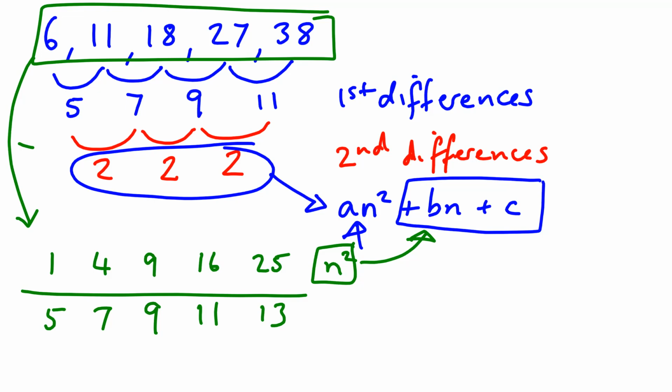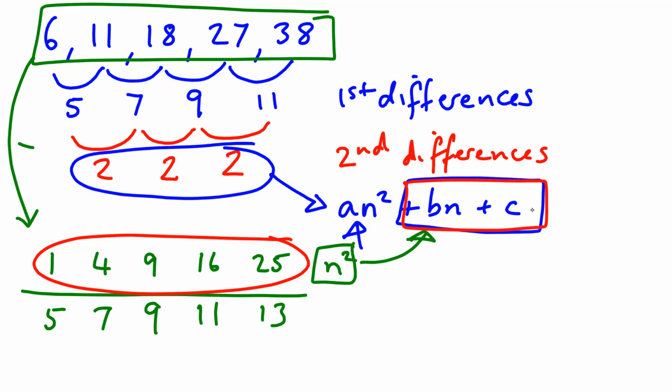So my n squared part of my formula will give me these numbers, and my linear part, the bn plus c, has to be this part, so that when I add them together, the 1 plus 5 gives me the 6, the 4 plus 7 gives me the 11, the 9 plus 9 gives me 18, and so on. So all I've got to do now is find the nth term of this linear sequence. I can see it's going up in 2s, so I know it's 2n.